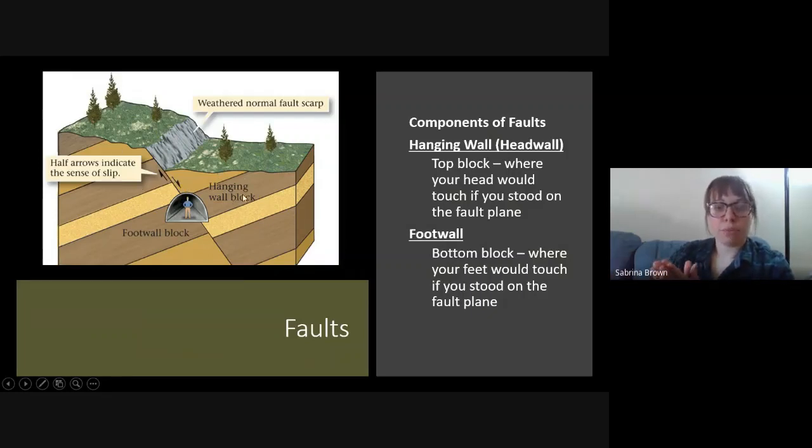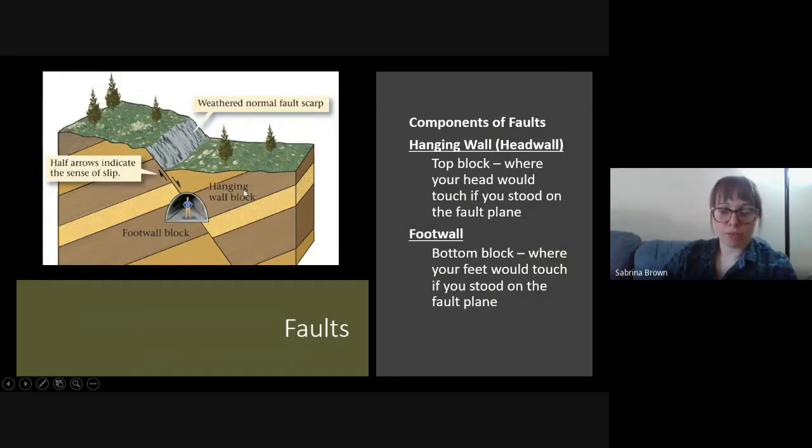And we describe these two blocks, the two pieces on either side of the fault line, as either the head wall or the foot wall. And so the way that I figure it out the best is if you were standing on the fault line, the block you'd be standing on is the bottom block. We call that the foot wall because that's where your feet are.